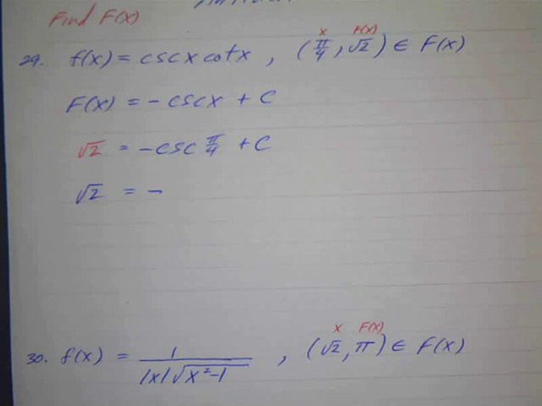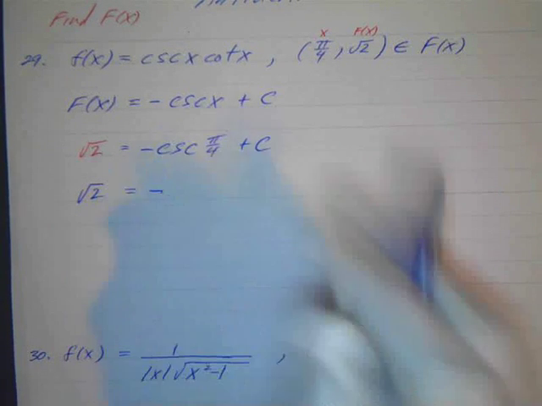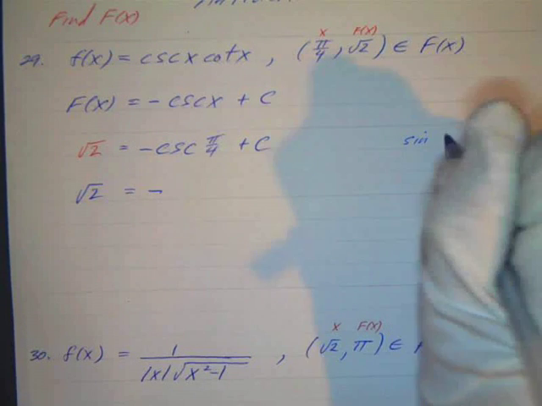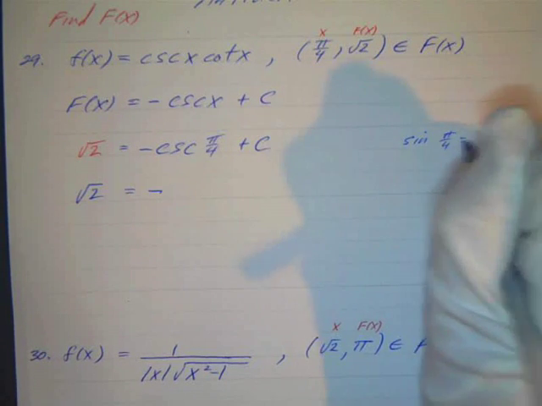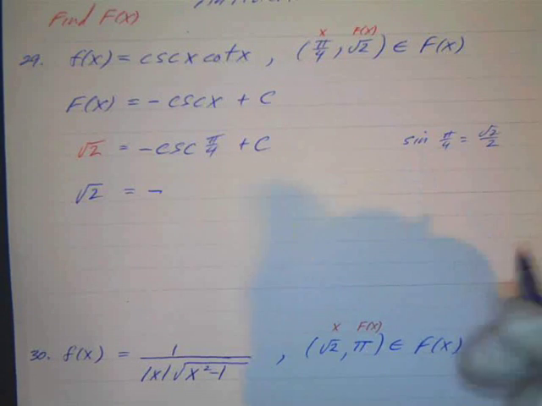And what's the cosecant of pi over 4? Well, this might be a little bit of a trick. I try to think of it as the sine. So what's the sine of pi over 4? Well, that's the square root of 2 over 2, right?